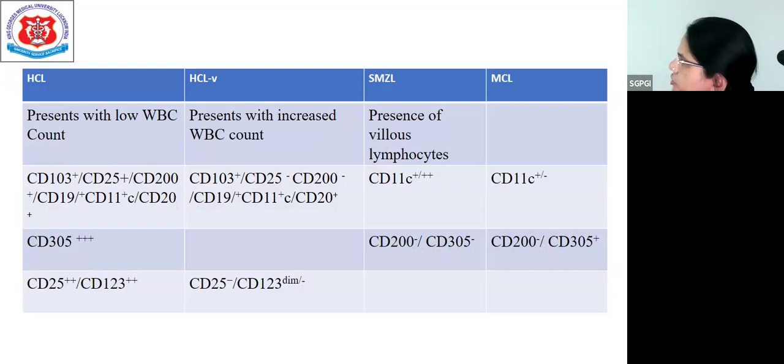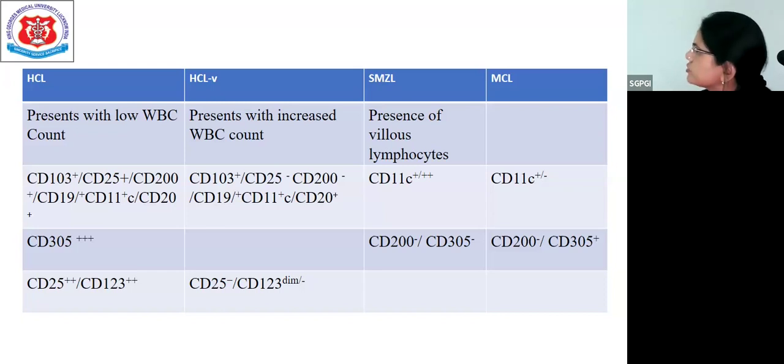So usually hairy cell leukemia presents with low WBC count, as in this case, whereas the variant will have an increased WBC count. Most of the cases of hairy cell leukemia are CD103 and CD25 positive, whereas these are CD103 positive but CD25 negative. CD123 is bright here, whereas here it is dim.